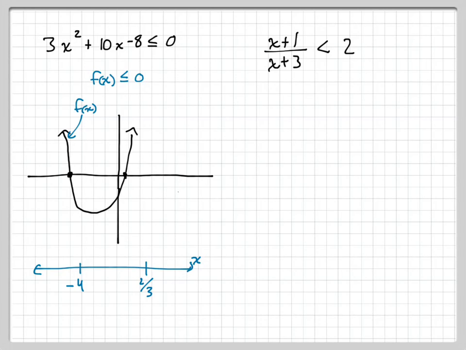Oh, not max and min. Plug in points. That's it. Can you give me an x value below -4? Yeah, you can take -5 and plug it in. Can you give me a value between these two? 0. Yeah, 0. Thank you. 0 is about right there.